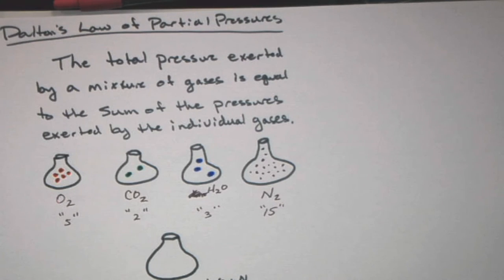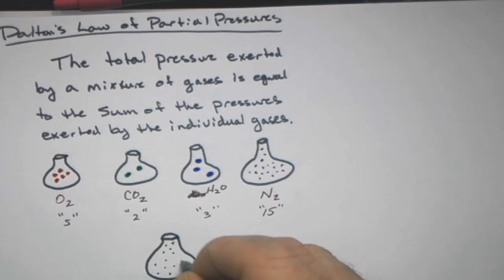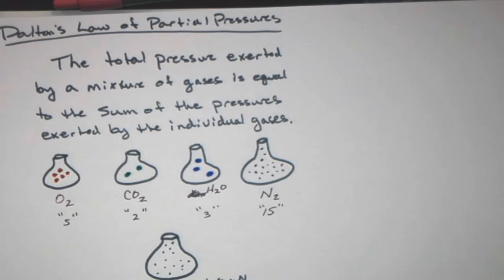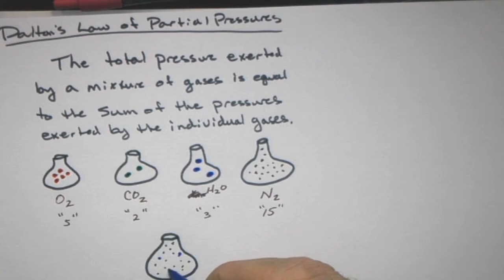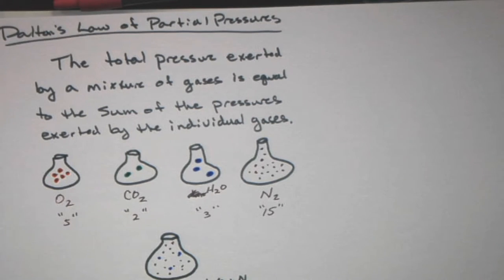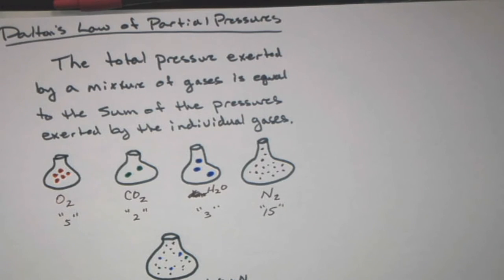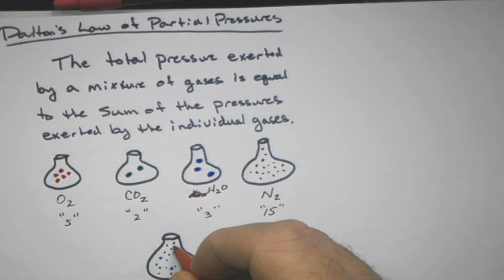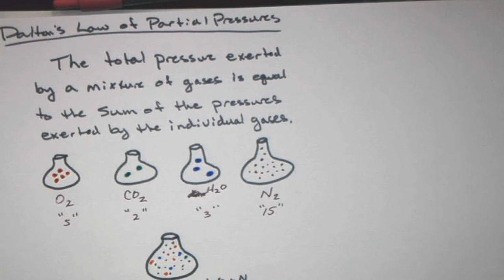Into that flask, we're going to put all of those molecules: 15 nitrogens, and 1, 2, 3 waters, and 1, 2 carbon dioxides, and 1, 2, 3, 4, 5 oxygens.